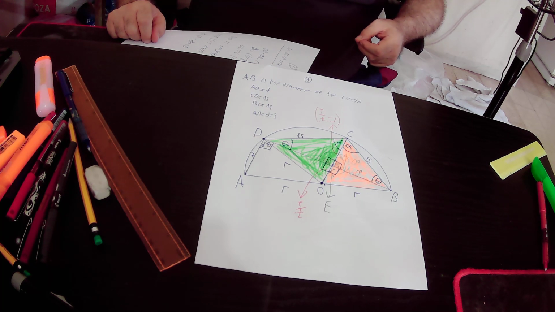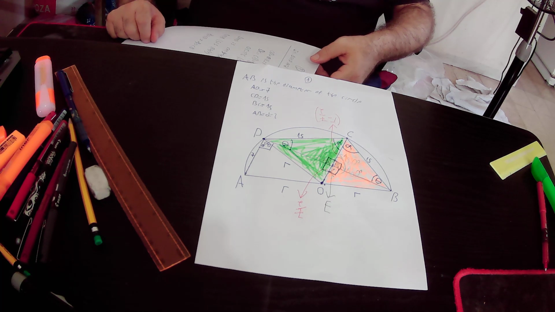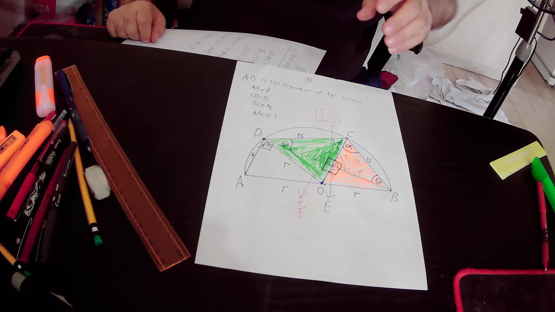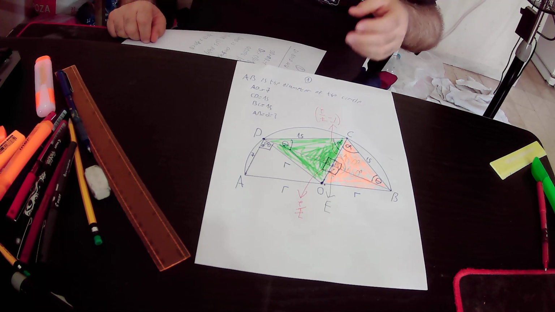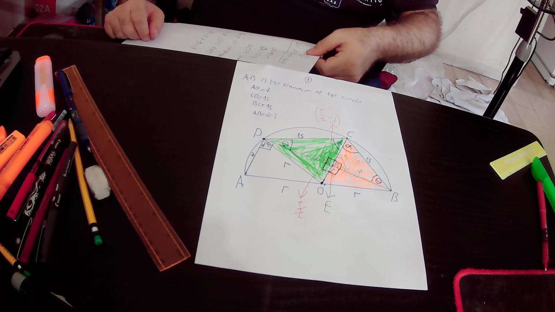Therefore, OC is a common side. So we proved the three sides of the green triangle are equal to three sides of the orange triangle. Therefore, those two triangles are congruent according to the side rule.